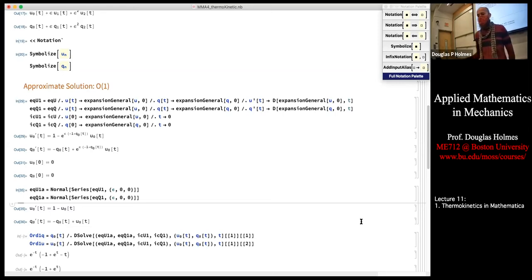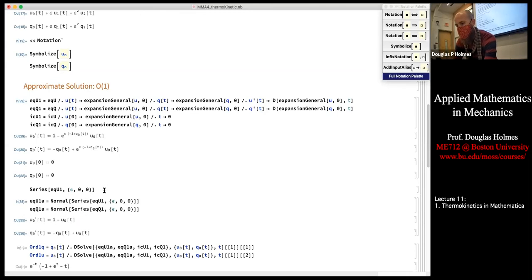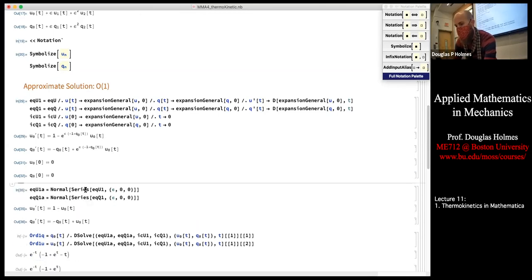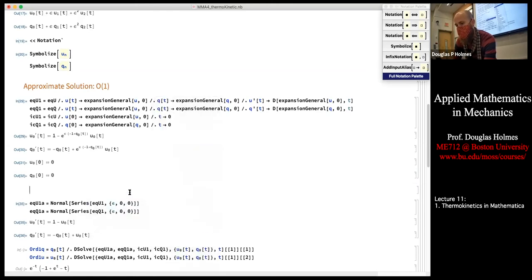Sure. So don't think of it that way. Read this sentence like this: Taylor series expansion of our equation for the variable epsilon about epsilon equals 0 to the 0th order.